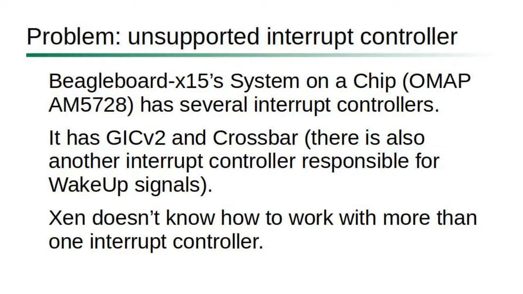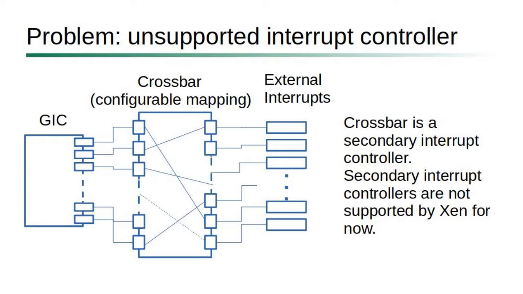Beagleboard-x15 also has a General Interrupt Controller, but it also has another device marked as an interrupt controller, the Crossbar. The Crossbar is the device responsible for remapping external interrupts to GIC lines. And since Xen knows only how to deal with one interrupt controller in the system, the Crossbar Interrupt Controller made it impossible to run Xen without modifications.